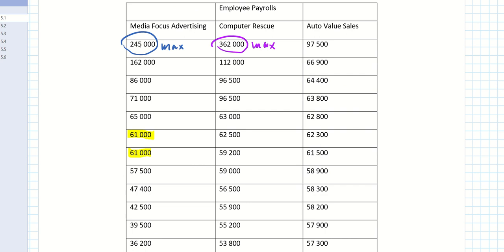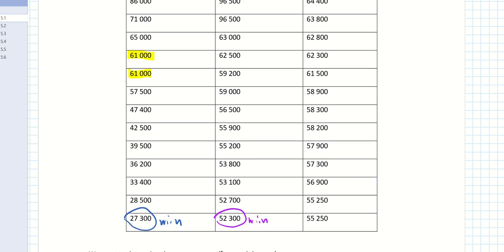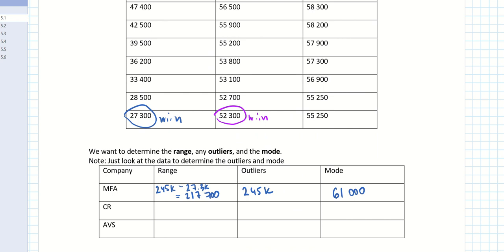That's going to be 309,700. Let me just write the answer here because there's not a lot of room. But again, you're going to do max minus min, and the answer in this case happens to be this number.